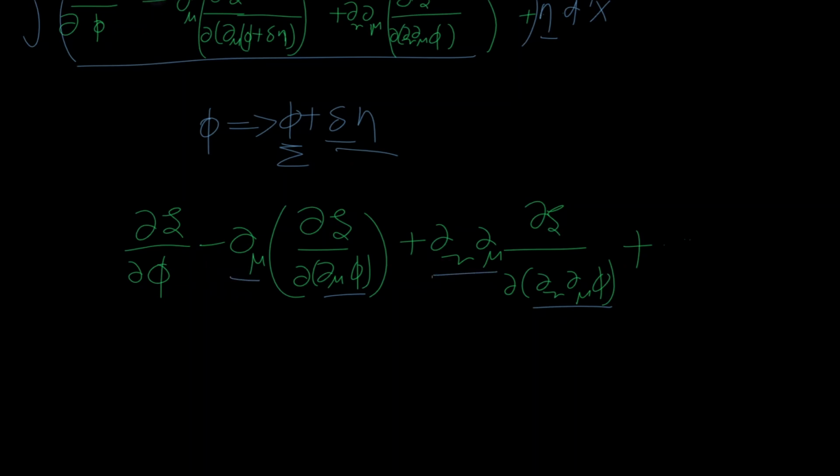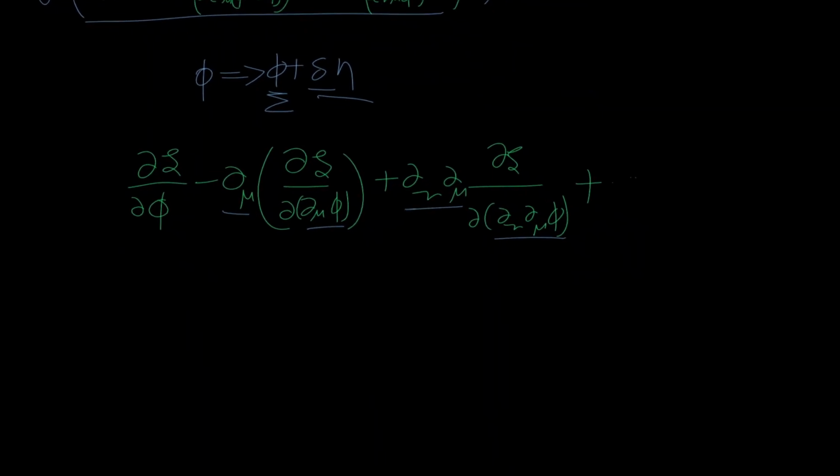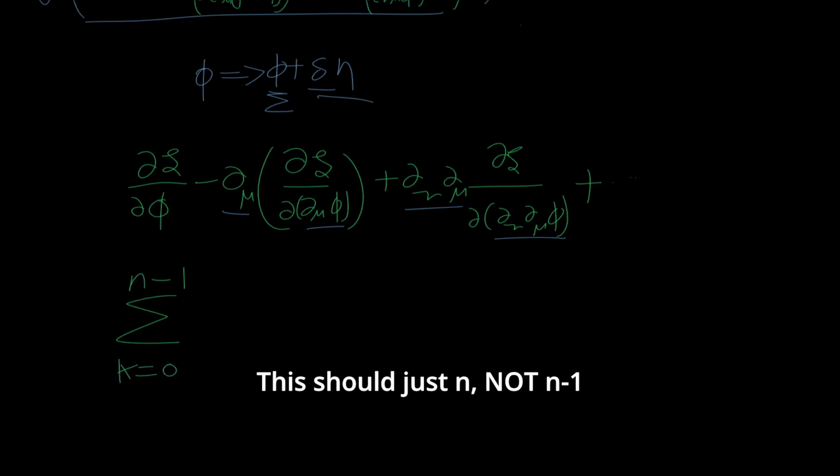So in general, we can express this as just a sum. And negative ones can be taken care of by a negative 1 to the k term, for example. So what we have is a sum from k equals 0 all the way up to n minus 1, whichever degree of derivative our Lagrangian happens to be a function of.